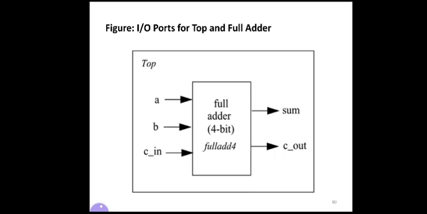The top module does not have any port, but full_add4 has both types of ports, input ports and output ports, because it is going to communicate with the top module, whereas the top module is not going to communicate with any external environment. That's why it does not have any ports. So ports are optional for a module.